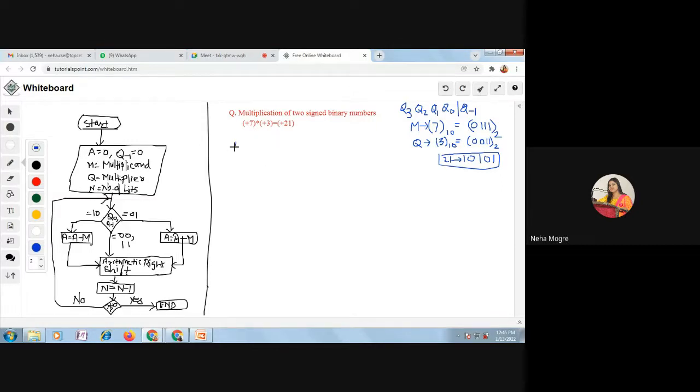Initially I am taking here A, Q, and the value of Q minus 1. Later on you can perform it another way.